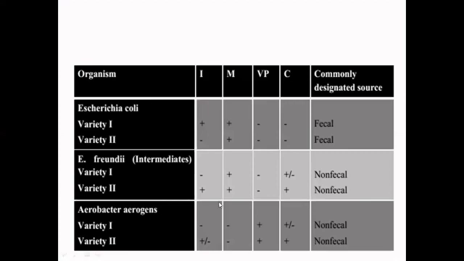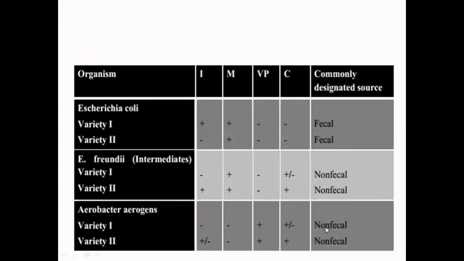Then Aerobacter aerogenes or Enterobacter aerogenes shows indole negative, methyl red negative, Voges-Proskauer positive, and citrate negative or positive. It is a non-fecal coliform. Variety 2 of Aerobacter shows indole positive or negative, methyl red negative, Voges-Proskauer positive, and citrate positive.